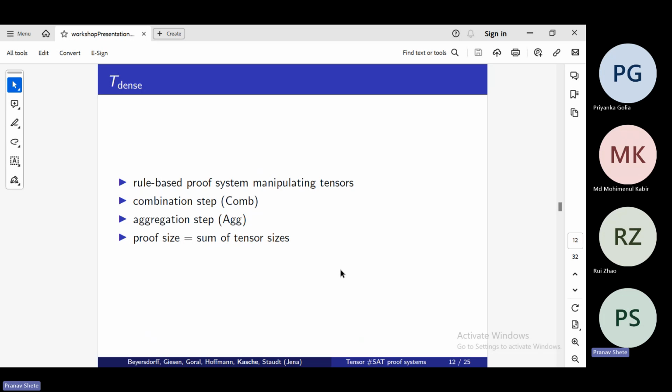And just like in the solver, we have a step for combining two tensors, and we have a step for aggregating of an axis, and we have some restrictions to make it all sound and make it all work out. And the proof size is not the number of steps in the proof because these tensors can get really big. So as proof size, we take the sum of the sizes of the individual tensors of the individual lines in the proof.